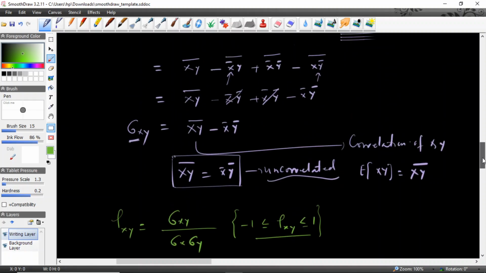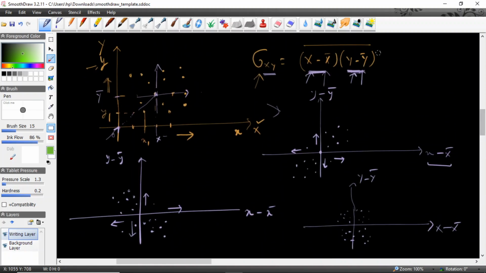Because suppose when you find the correlation here, you get some value, and you have another two random variables, maybe x1 and x2, they also have some correlation which is a positive value. So how do you say what is the degree of correlation between the two random variables?